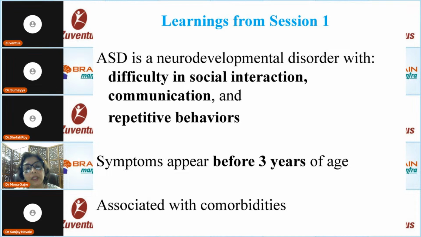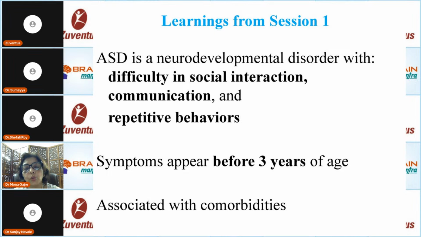Now, autism is almost always associated with comorbidities. In Paul's case, you notice that he was jumping on the couch. The association of this was a sensory processing disorder, where he was vestibular seeking. We discussed in the previous session that there are different types of sensory seeking behaviors.